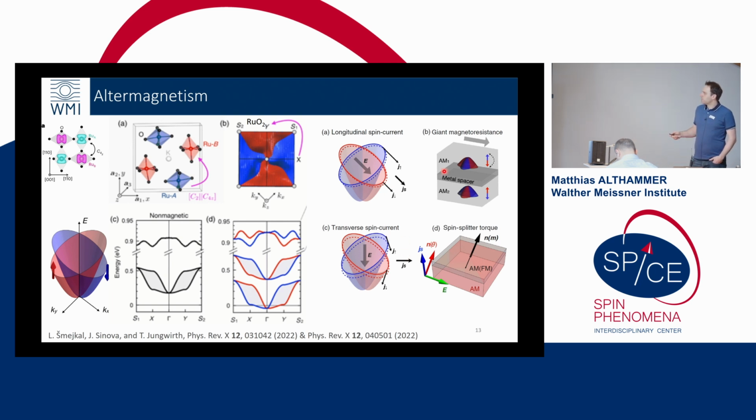So this gives you the opportunity to use that for magnetoresistance effects, so really working with an antiferromagnetic system and getting a sizable magnetoresistance effect, or also thinking about spin transfer torque effects.